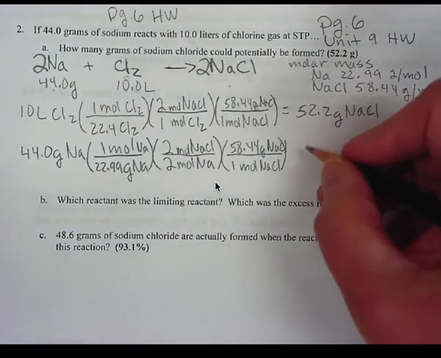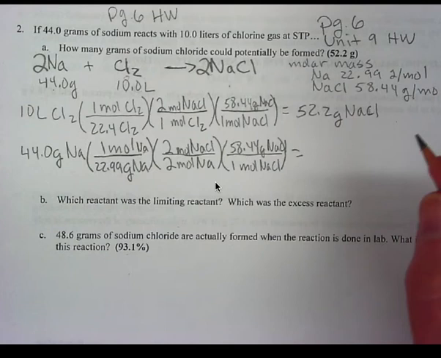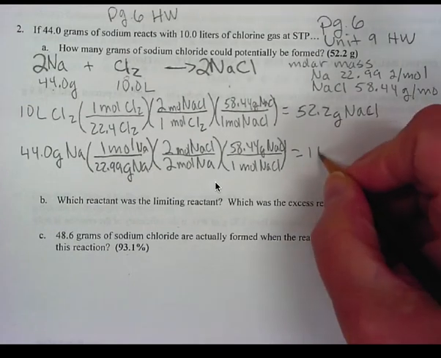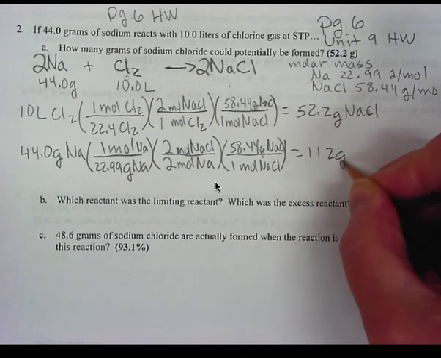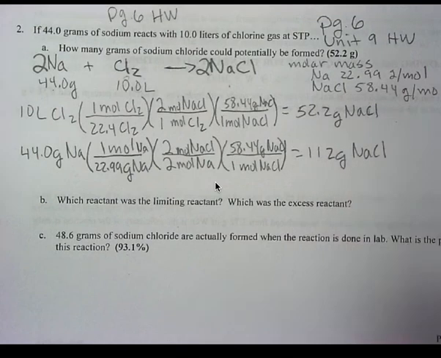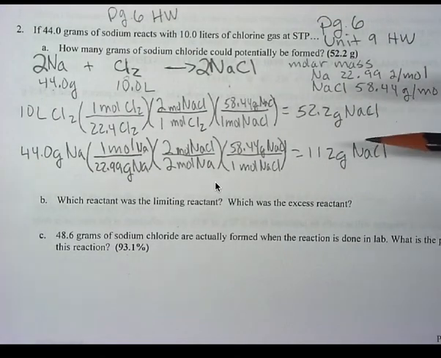In this case, the answer I get is 112 grams of sodium chloride. So my calculations show that if I just look at the 10 liters of chlorine, I could only produce 52.2 grams of sodium chloride. If I look at sodium, I could produce 112 grams of sodium chloride.